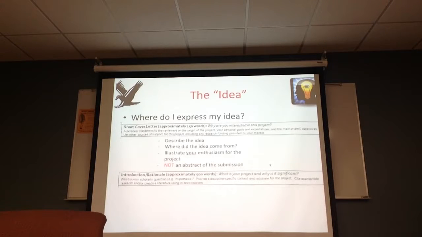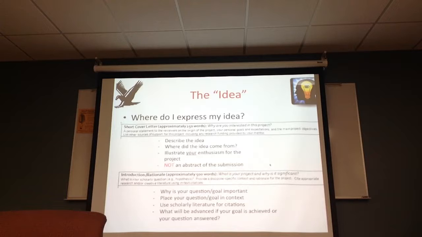You're going to want to provide a discipline-specific context, and you're going to want to cite appropriate research and/or creative literature using in-text citations. We'll talk more about the bibliography in a little bit, but give people credit for what they've done in your field. Give the appropriate citations that you need to get your point across. So again, why is your question or goal important?